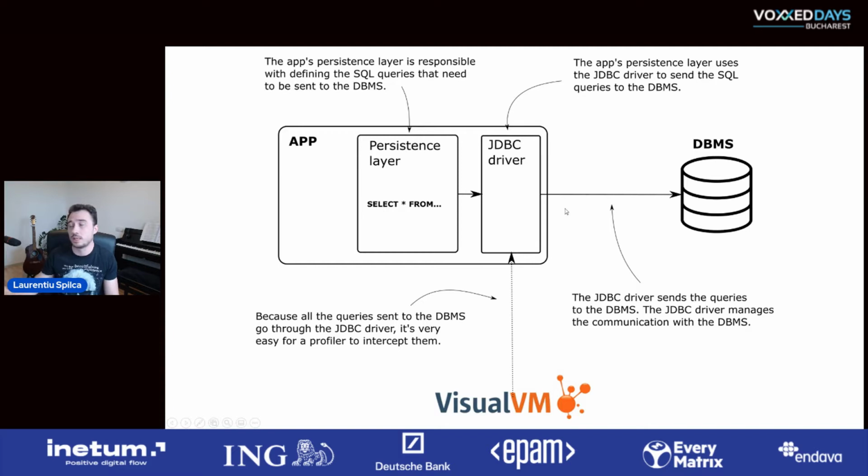So you can basically see the JDBC driver as a proxy, and being the gateway to the DBMS, the profiling tool can very easily consume the data from there and display it for you and make statistics over it.